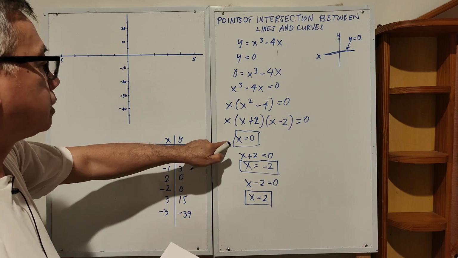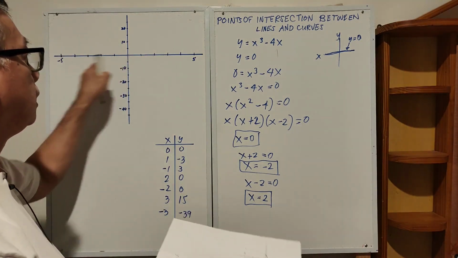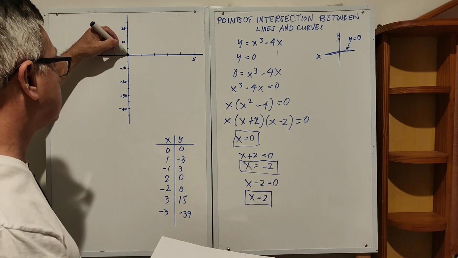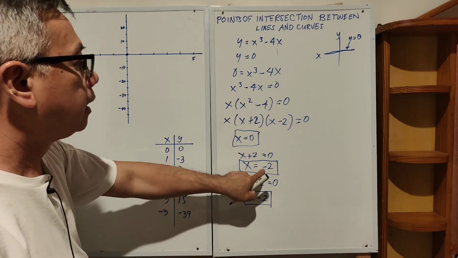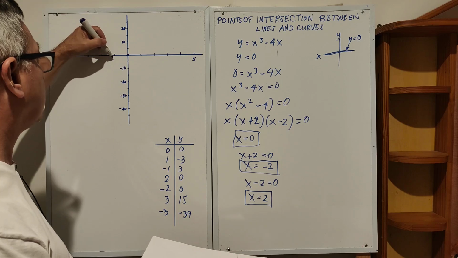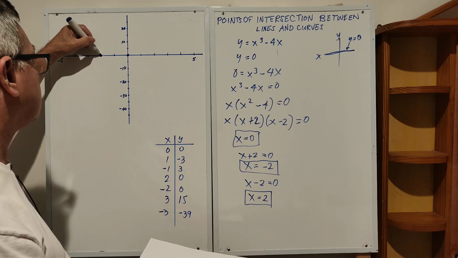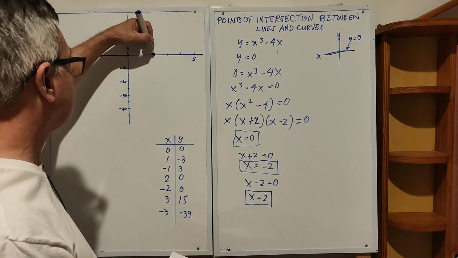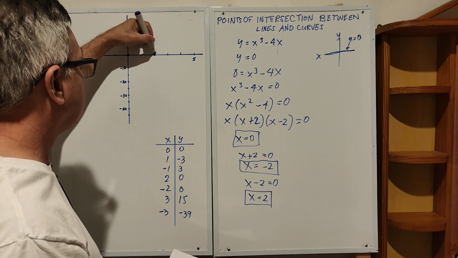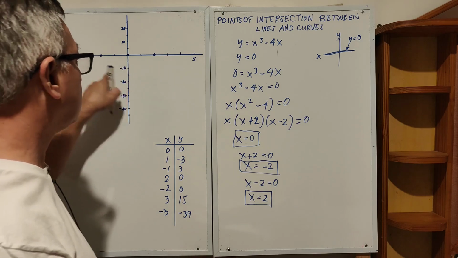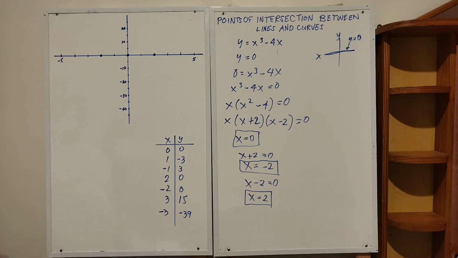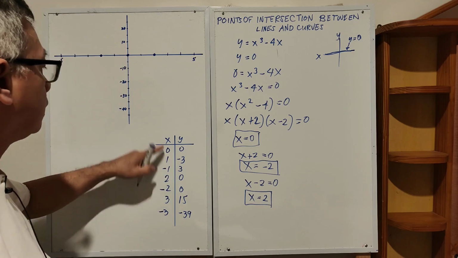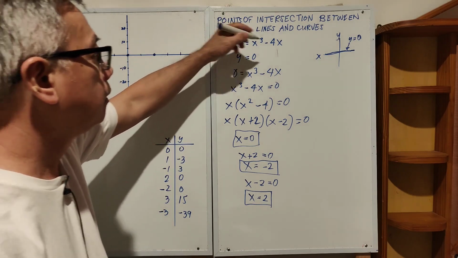It will intersect the line y is equal to 0 at x is equal to 0, at x is equal to negative 2, so negative 1, negative 2, which is the second point of intersection, and at x is equal to 2, which is your third point of intersection. So it intersects the line at 3 points. So these are the other points of this curve. This is your curve.